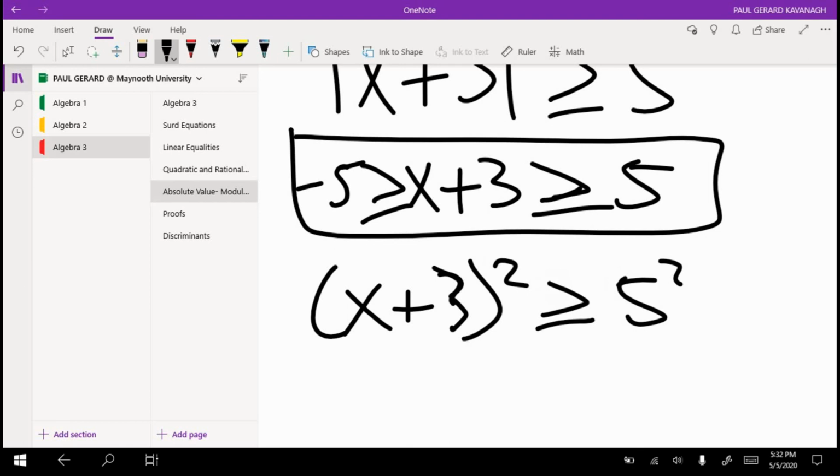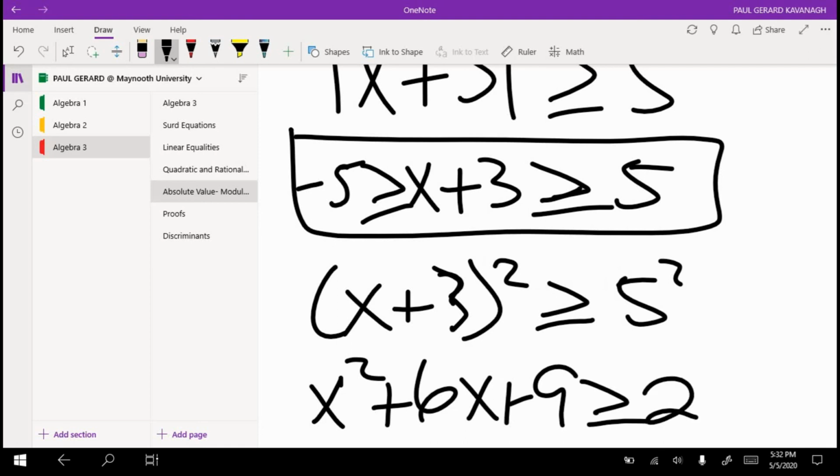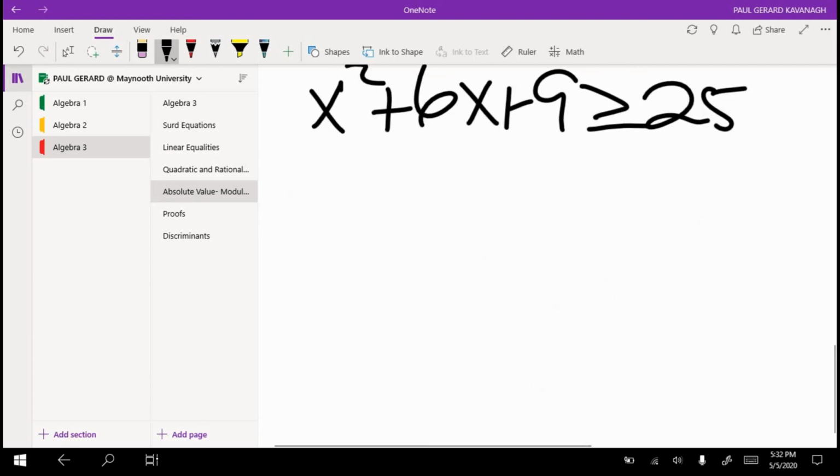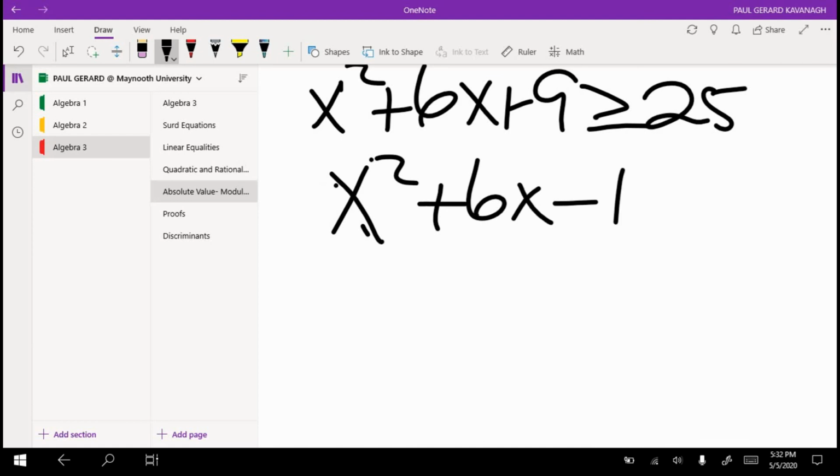So now you're going to have x squared plus 6x plus 9 greater than or equal to 25. So now you're going to have x squared plus 6x minus 16 greater than or equal to 0.